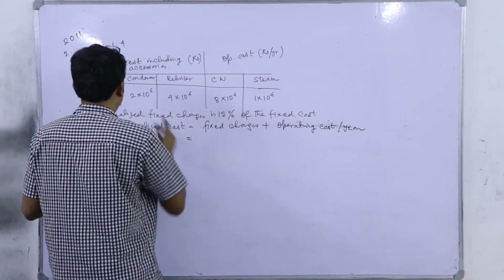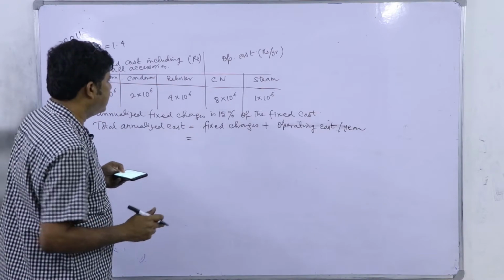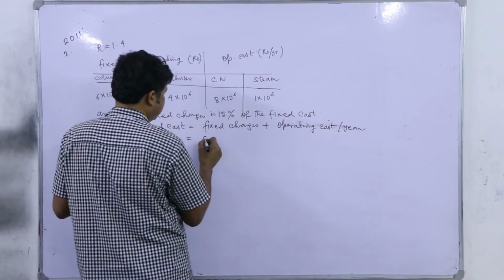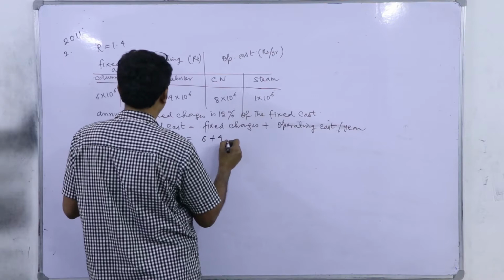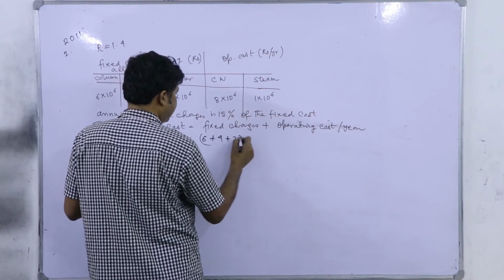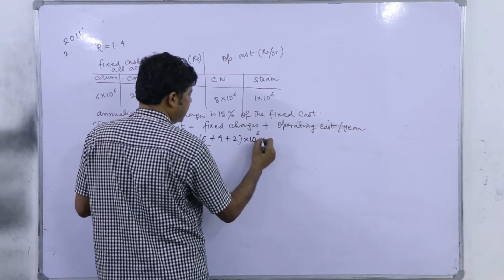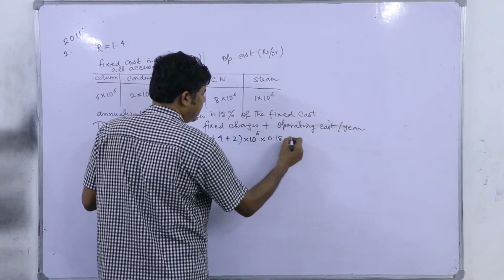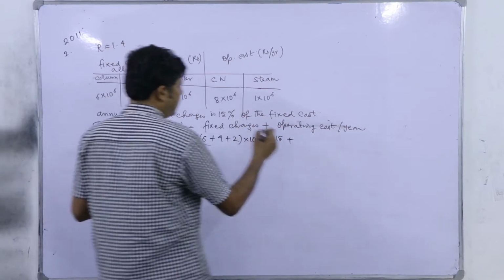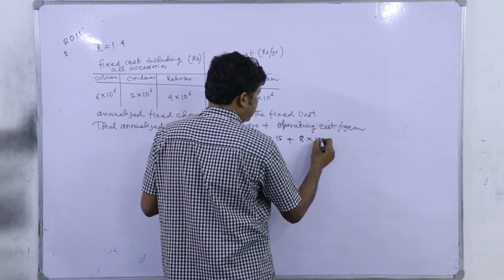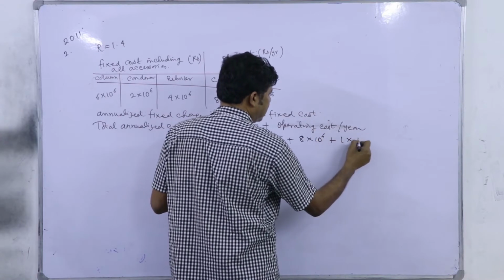So, fixed charges is 15% of the fixed cost. So, the total fixed cost is (6 plus 4 plus 2) into 10 to the power 6 into 0.15, plus the operating cost 8 into 10 to the power 6 plus 1 into 10 to the power 6.